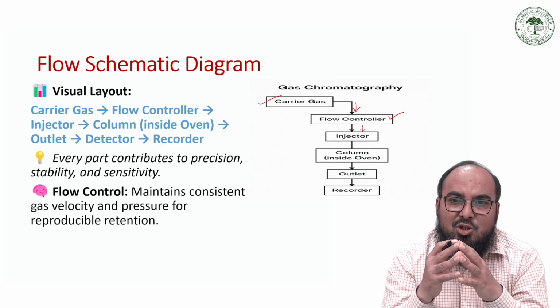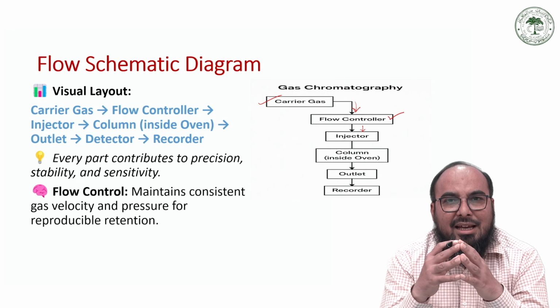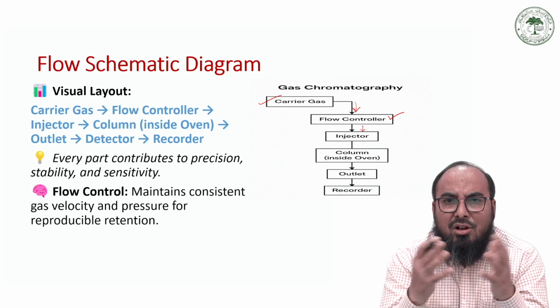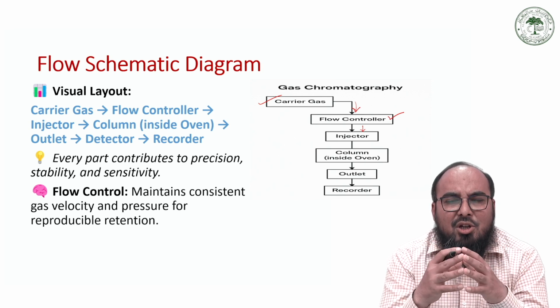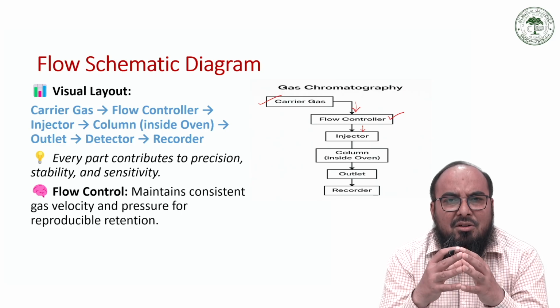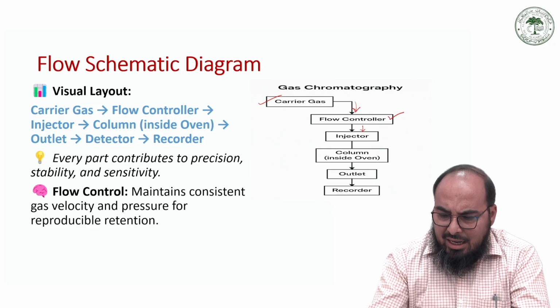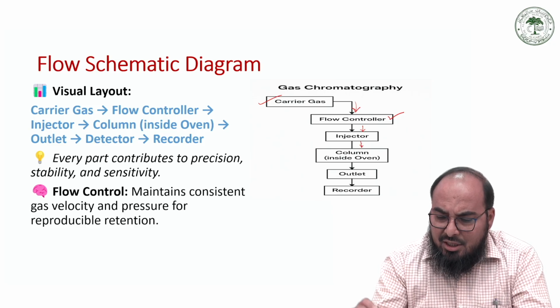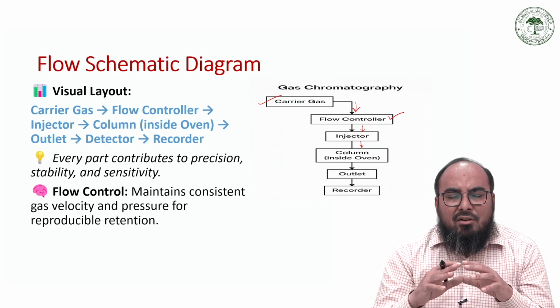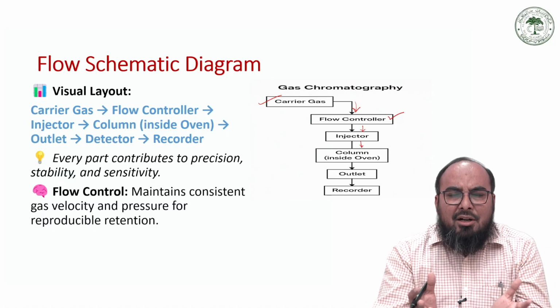Since the volatile compound is in the gaseous phase and your carrier gas is also a gas, you have very good diffusion and transportation of your sample to the column, which is inside an oven in a temperature controlled condition.